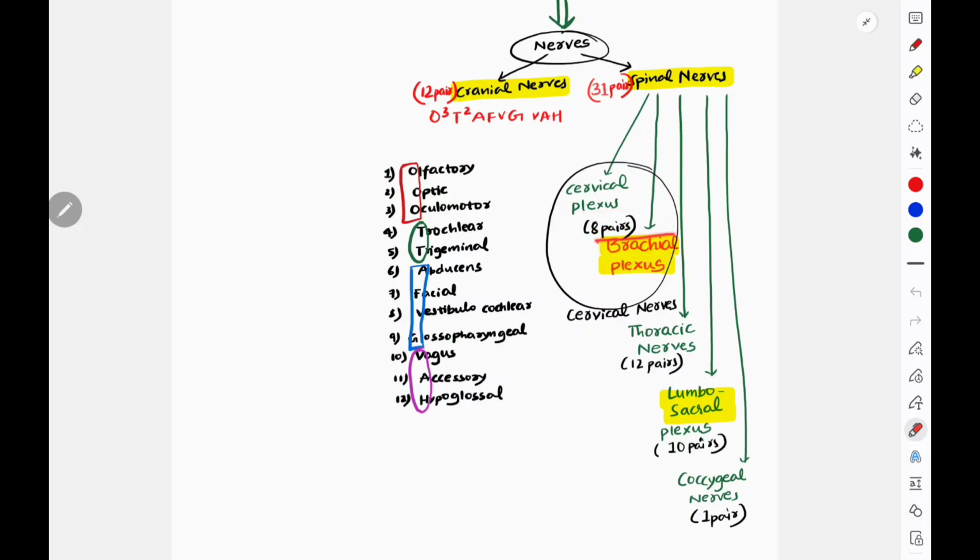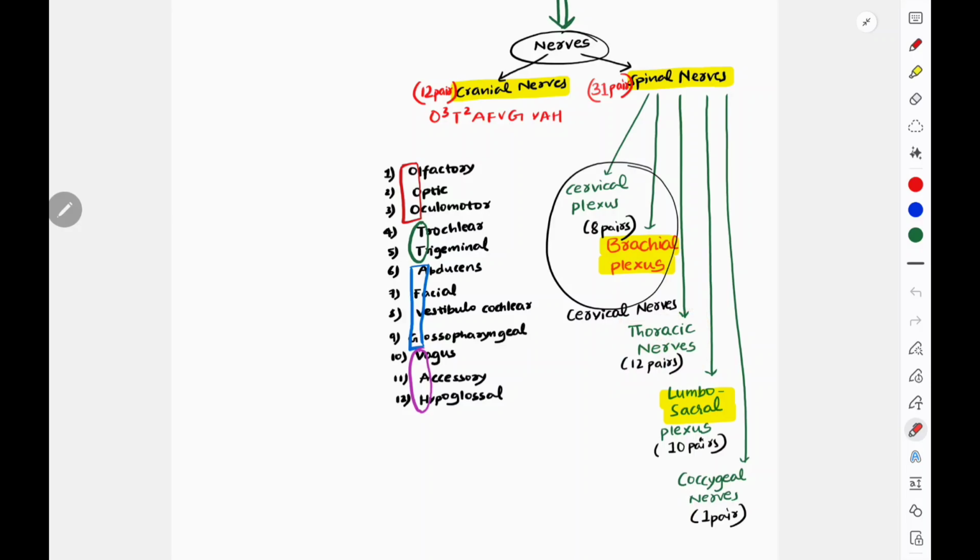The brachial plexus is what is important. The cervical plexus is a network of nerves, but the brachial plexus is the complex one. They innervate the whole upper limb, so studying this is very important. The cervical plexus and the brachial plexus together form the cervical nerves, located at the neck, and then the thoracic nerves.